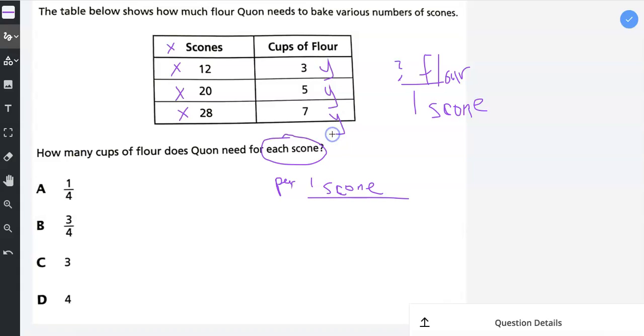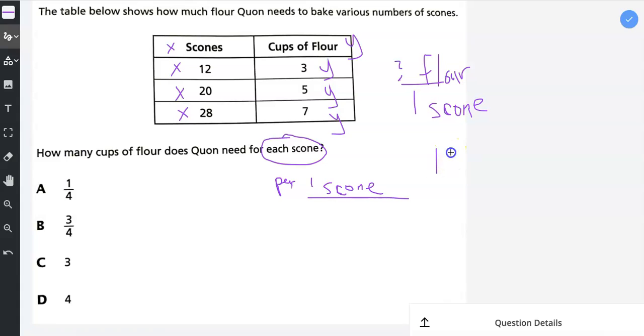And the unit rate formula is k equals y divided by x. So we would be taking the y, which is flour, which would be our numerator, and dividing it by scones, which is x, which would be the denominator. So this makes sense with what we've learned about unit rate.